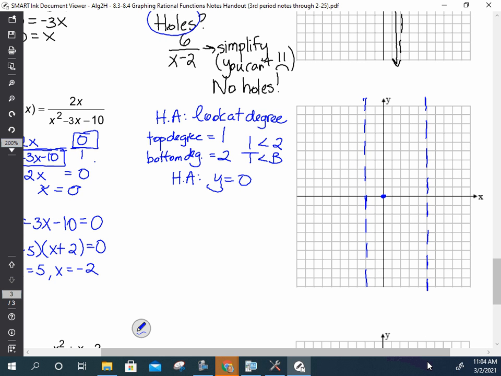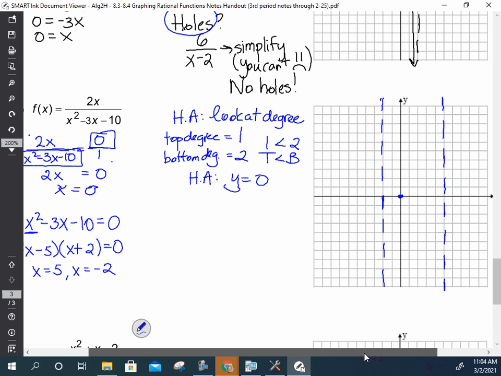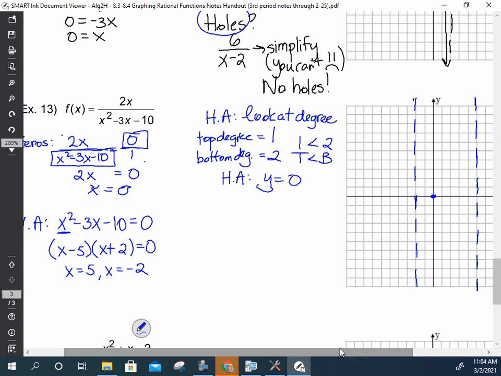So if your bottom degree is bigger, that means the bottom of the function is forever going to get bigger and bigger and bigger. If I put any number in there for x, it's always going to be bigger than the numerator. So if the number in the bottom of the fraction keeps getting bigger, it's eventually just going to be 0.